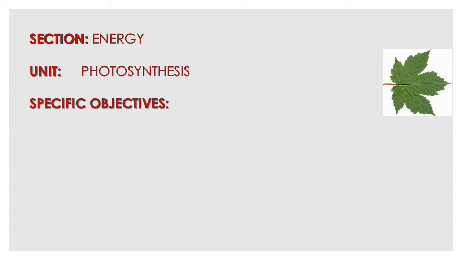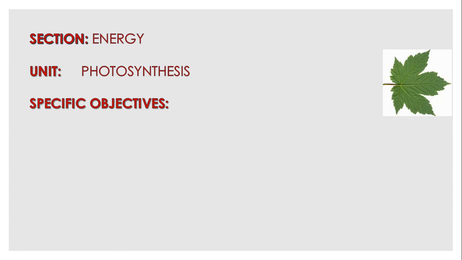which are sunlight, chlorophyll, water, and carbon dioxide. We also identified water and carbon dioxide as the raw materials. Then finally we touched on the word equation that represents photosynthesis.